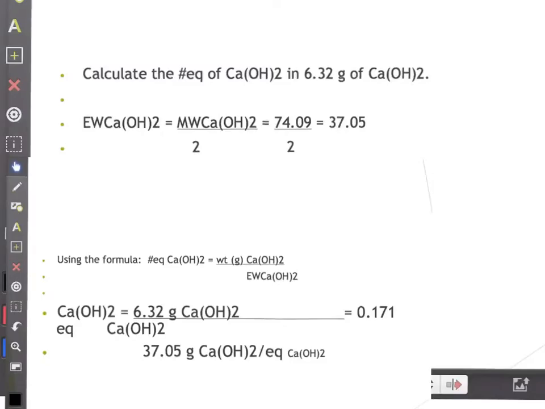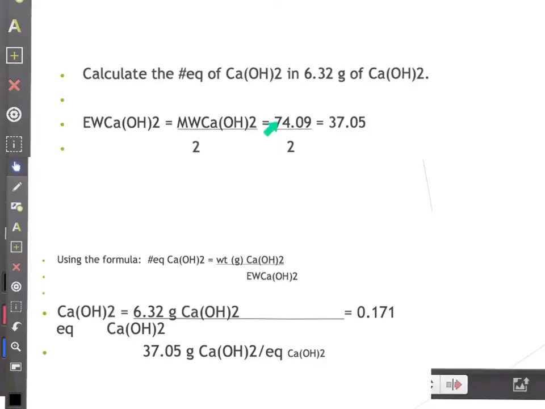The first thing that must occur is to calculate the number of equivalents of calcium hydroxide in 6.32 grams of calcium hydroxide. Now, to solve this, we will take the molecular weight of calcium hydroxide and divide it by 2. The 2 is due to the presence of 2 hydroxide ions.